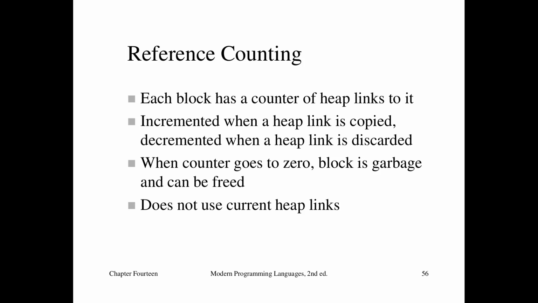When a heap link is discarded, we decrement. The second the counter goes to 0, we could effectively garbage collect that block. That's not necessarily what happens, but as the garbage collector gets turned on, it goes to the heap and cleans up all that stuff as needed. The interesting thing is it doesn't mess with current heap links, so it avoids a significant number of the problems that we saw earlier.